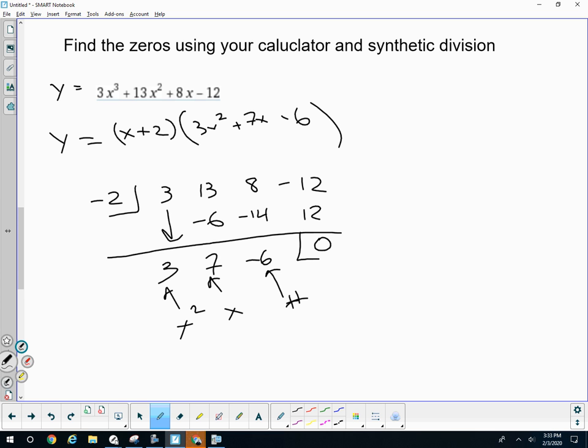What else do I know, though? I know that this has to have a factor of x plus 3, from my graph. The solution was -3.